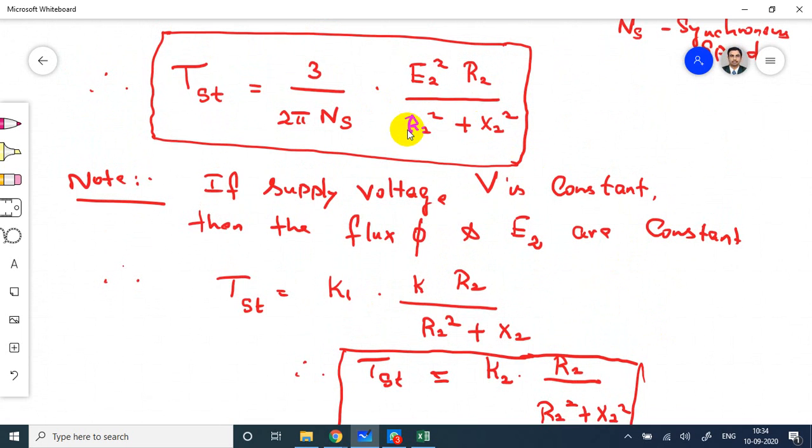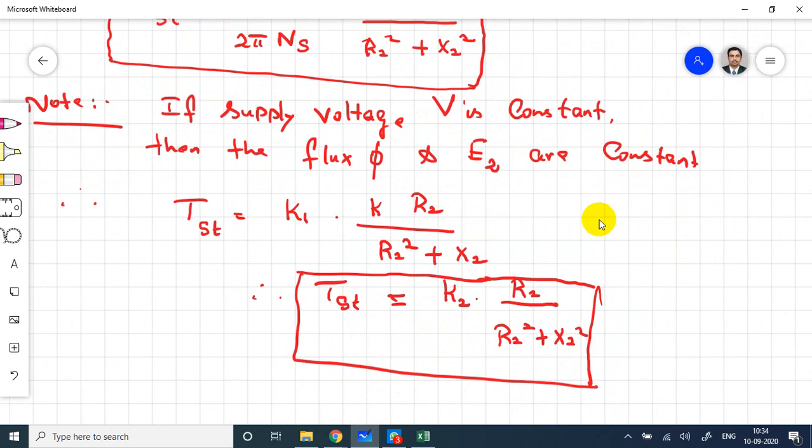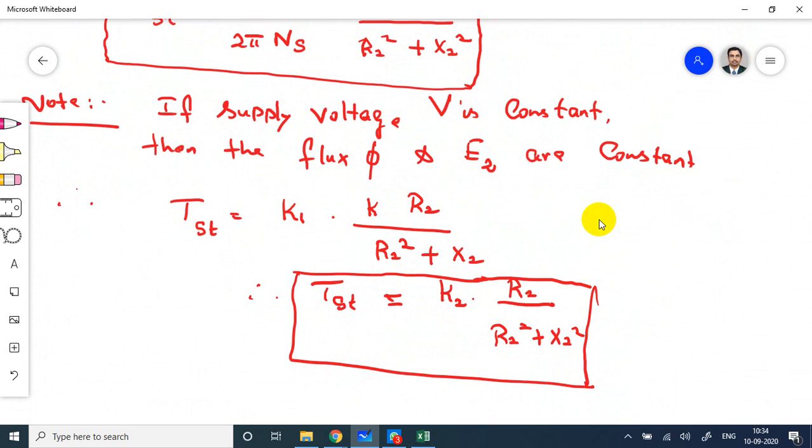Actually, the K value will be constant because in our three-phase line, this is the stator. Okay, here only windings are there. Inside, only the rotor is there.